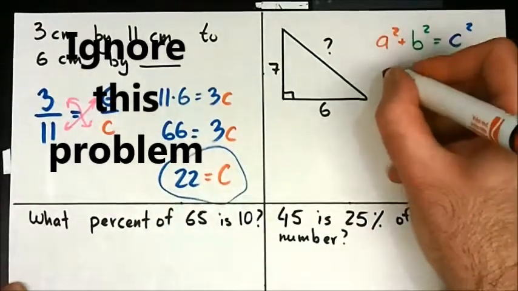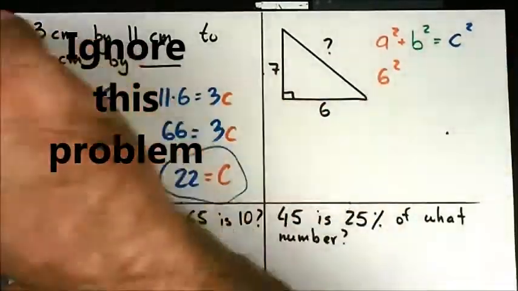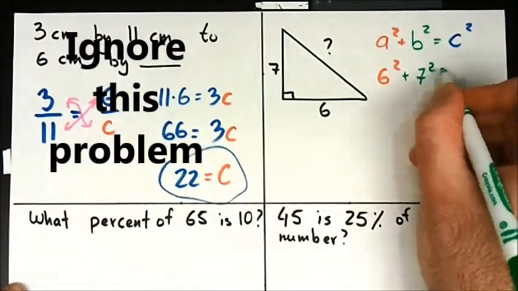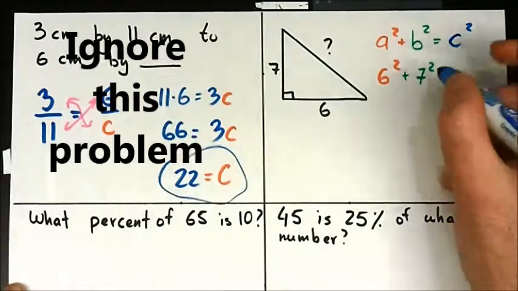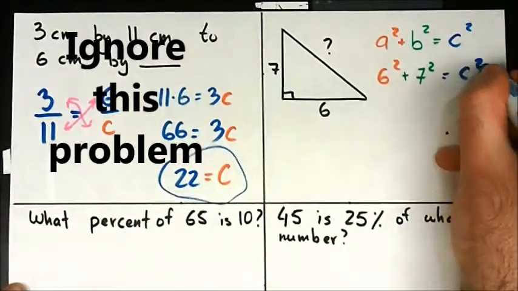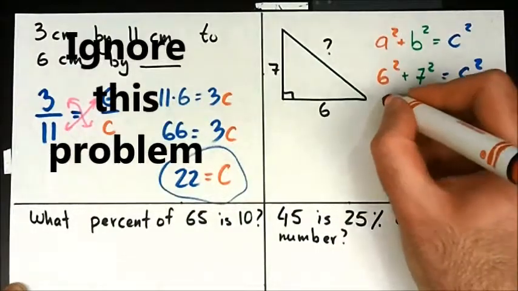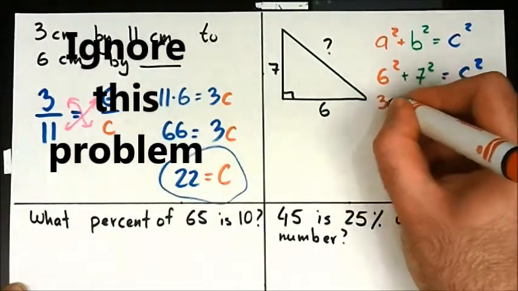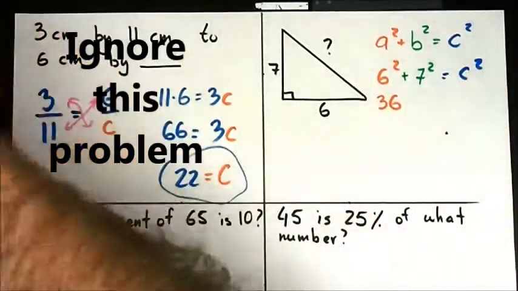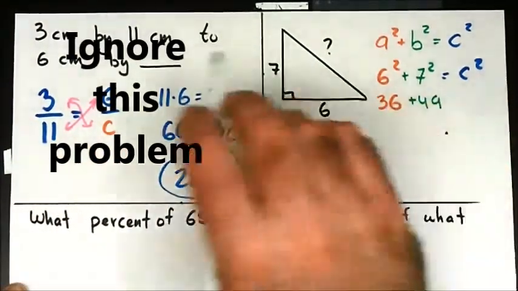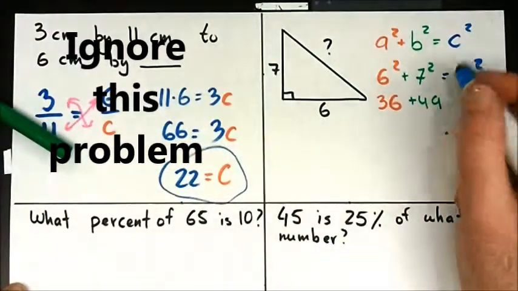So I'm going to substitute now. 6 squared plus 7 squared is going to be c squared. What's 6 squared? And what is 7 squared? And all of those have to equal out to c squared.